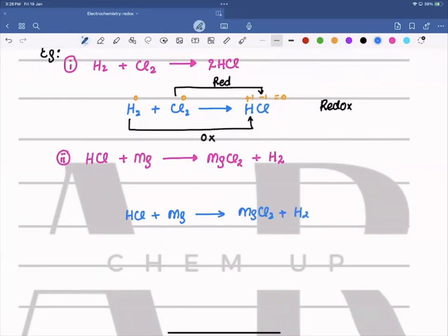So on which species is there a zero oxidation number in this equation? Sir, Mg and H2. Good. Here on the reactant side, there is HCl.